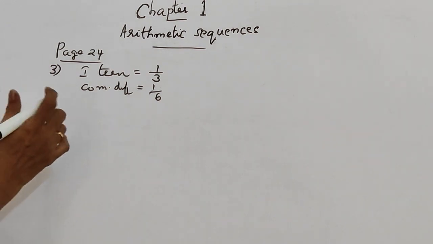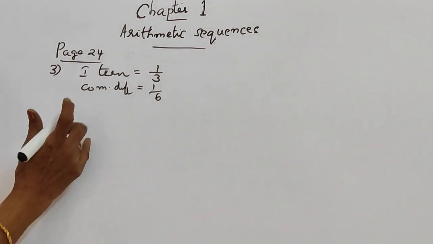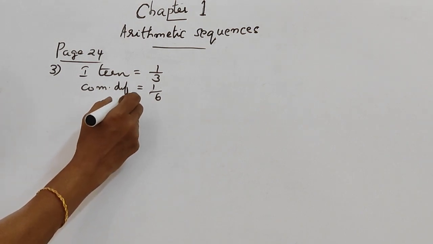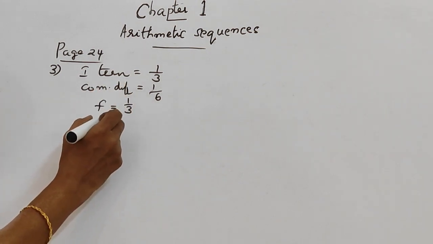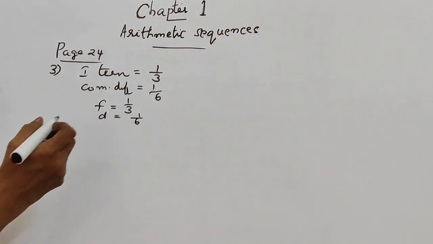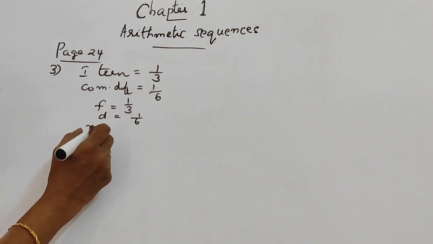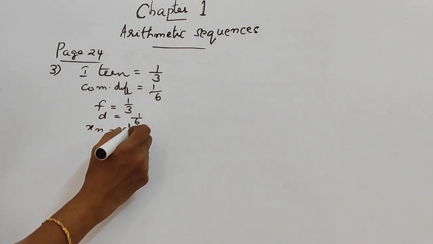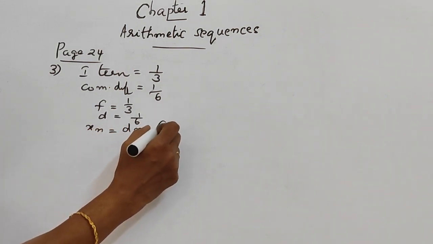See here, first term we can denote it as f. f is equal to 1 by 3 and d is equal to 1 by 6. Now we can write xn. xn is equal to dn plus f minus d.